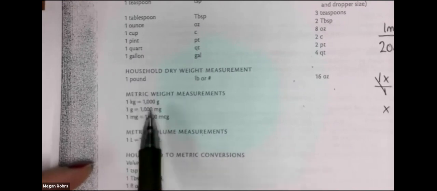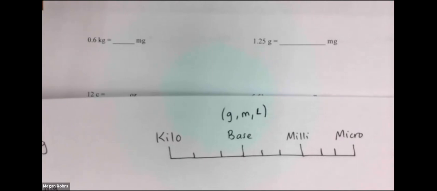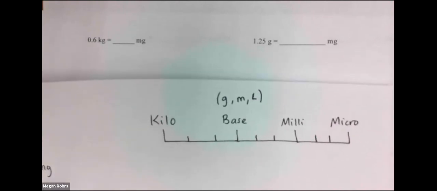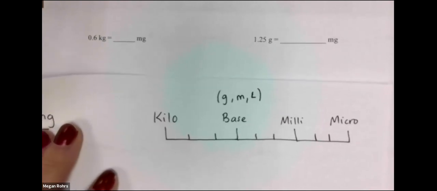So we could use these conversion factors, or we can use that number line that I showed you earlier in the chapter 4 lecture, which I think is going to be the easiest way anytime you're converting in the metric system.